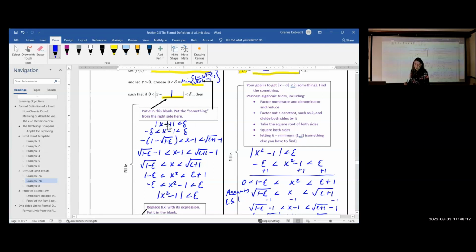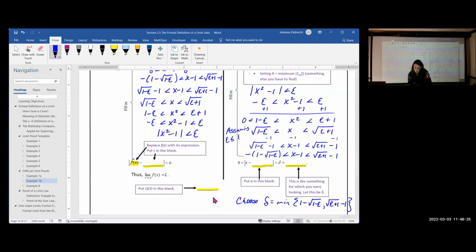We started with the absolute value of x minus a less than delta and showed by algebra that this led to the absolute value of f of x minus L less than epsilon. Now that we have that part written down, we go ahead and rewrite the limit. Therefore, the limit as x approaches 1 of x squared equals 1.